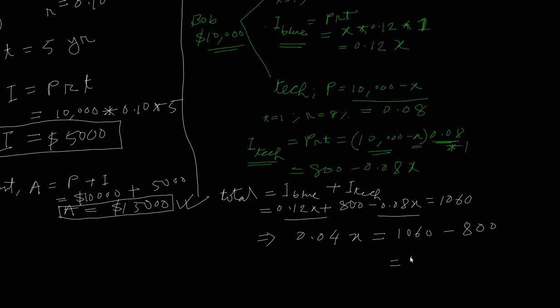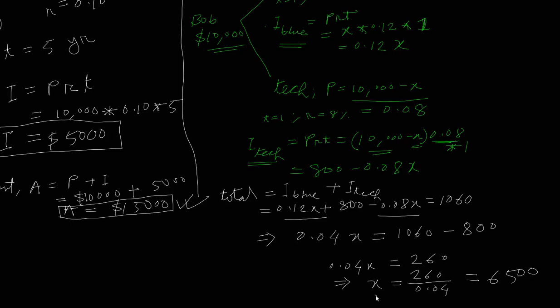So 260 equals 0.04x. What is x? 260 over 0.04 is equal to 6,500.